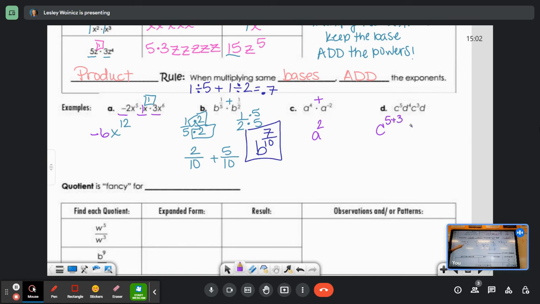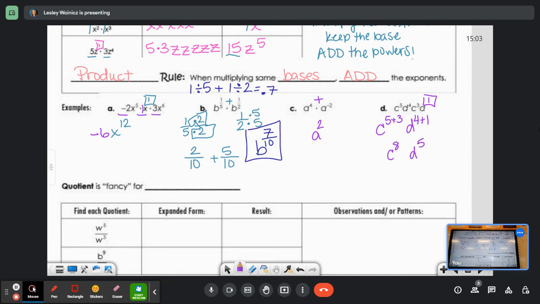And for D, what about 4 plus what? What's hiding right there? Okay, 1. So 5 and 3, that's 8. 4 and 1, that's 5.